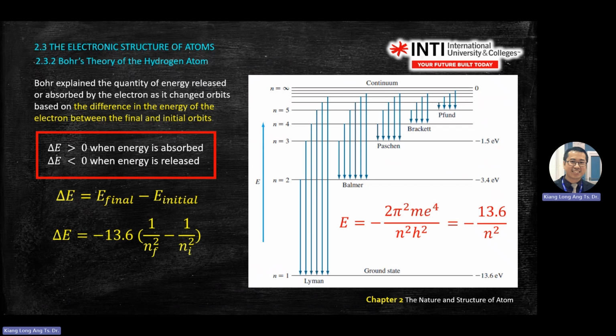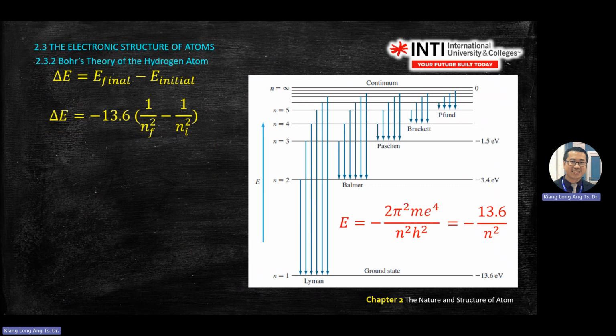So you can expand this equation for hydrogen. E equals 13.6 times 1 over n squared. If you don't have the chart and you only know the orbit number, you can use delta E equals minus 13.6 bracket 1 over n final squared minus 1 over n initial squared. Again, this equation is important.